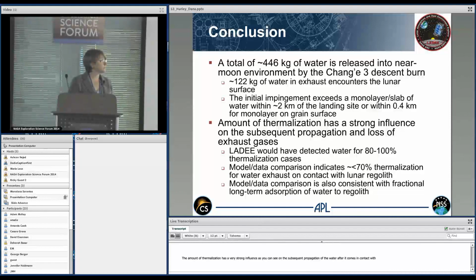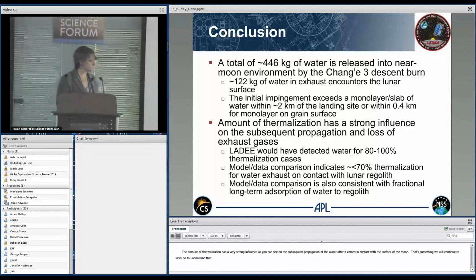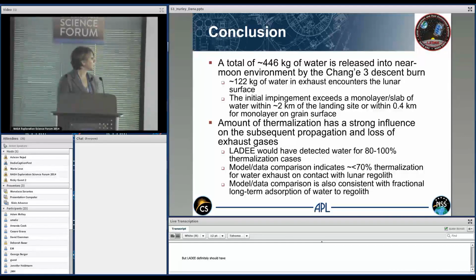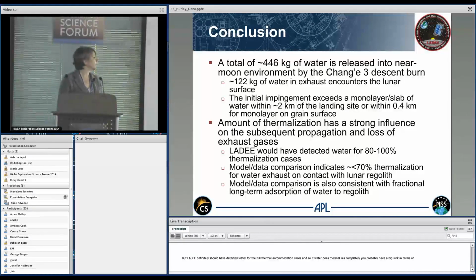That's something that we're going to continue to work on to understand that process better. But LADEE definitely should have detected water for the full thermal accommodation cases. And so if water does thermalize completely, you probably have a big sink in terms of that initial absorption with the regolith.